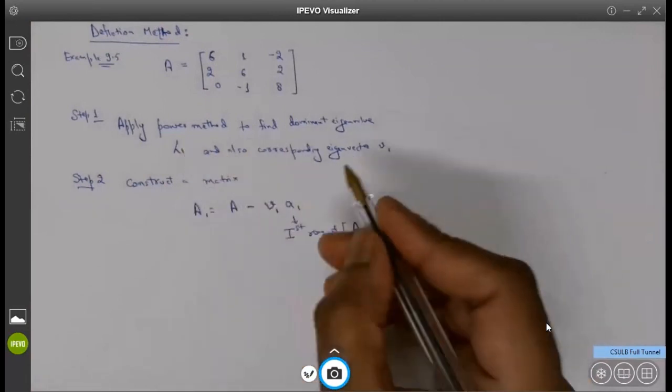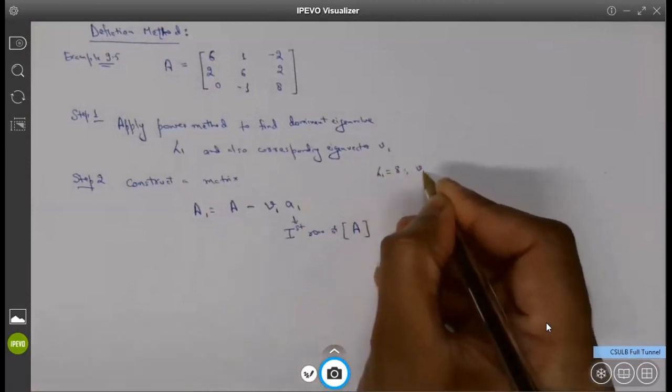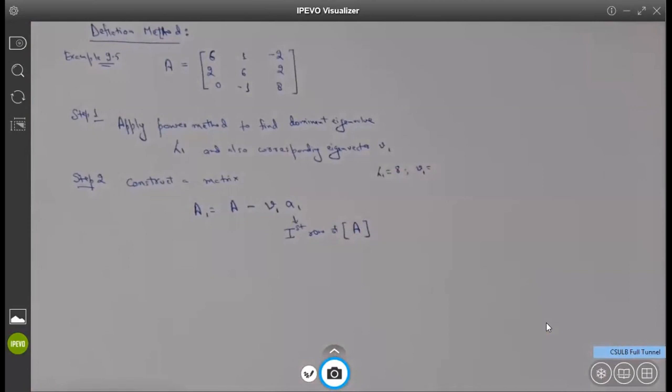Lambda 1 was 8. What was V1? Can you quickly look at that and let me know? Negative 1 2 1. Is that for the missing one, or is it corresponding to 8?